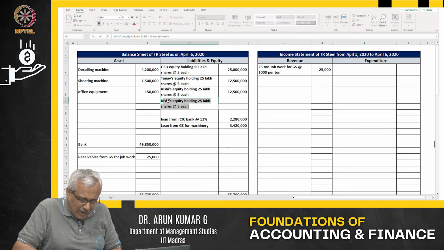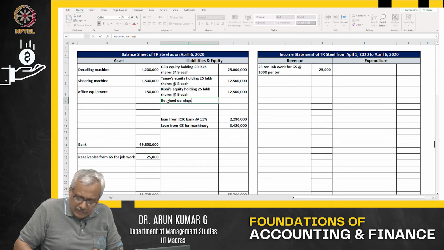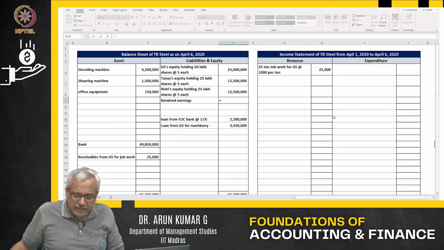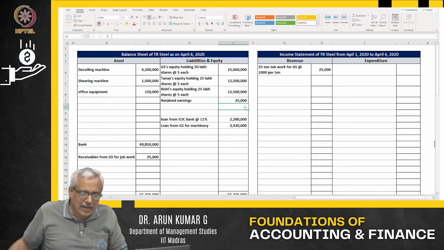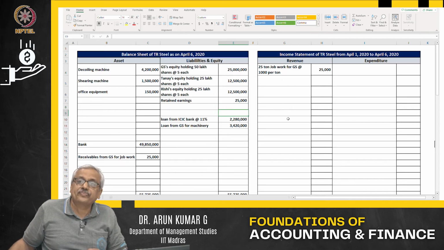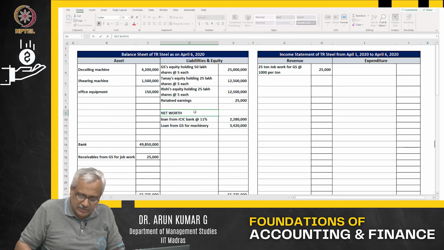So, I am going to add it as retained earnings. I am just going to add it out there, and that is what I have basically added. Now, what happens? This is what we call the net worth of the business.